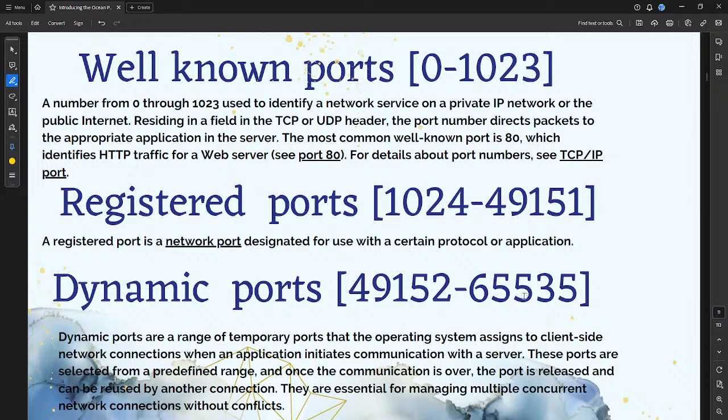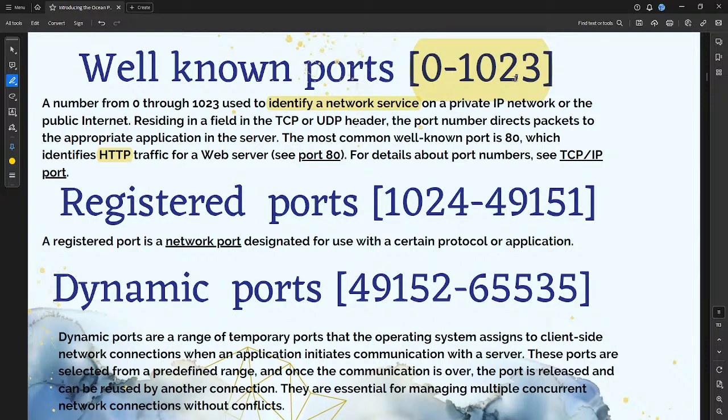Now, how do we define these ports? Like I said, the well-known ports are from 0 to 1023, and these are what we use in identifying a network service. Remember, I spoke about network services when I said HTTP, it could be FTP. You can see HTTP here, of course. But the point is, the well-known ports are from 0 to 1023.